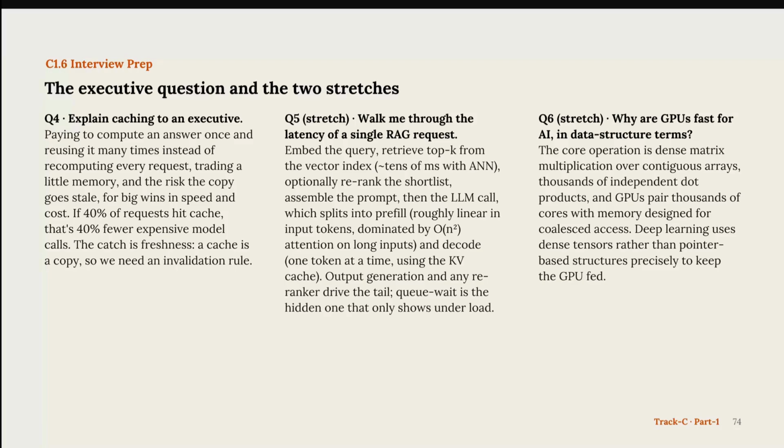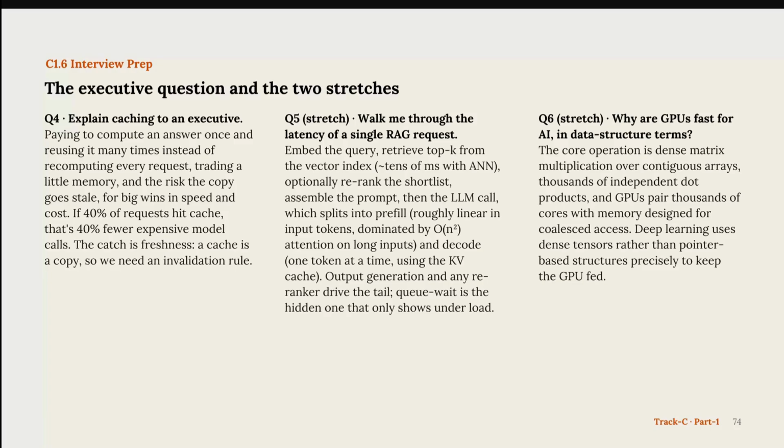Okay. While this is a stretch question, it could be asked as, hey, walk me through the latency of a single RAG request. We need to look at it from the beginning. We embed the query, we retrieve the top k from the vector index, we optionally re-rank the short list, we assemble it with the prompt, and give it to the LLM as a call or request, which splits into prefill, and then we decode it.